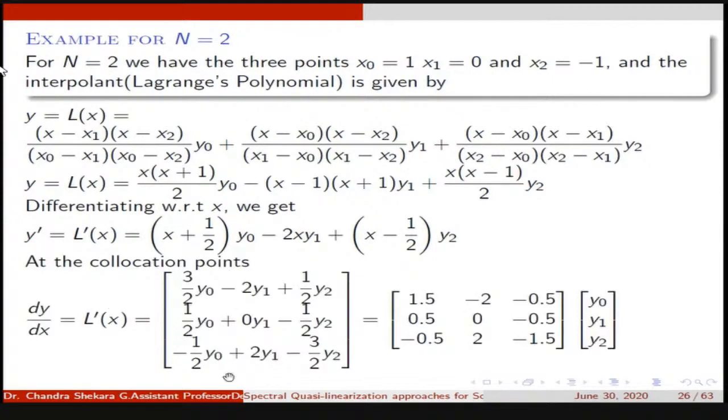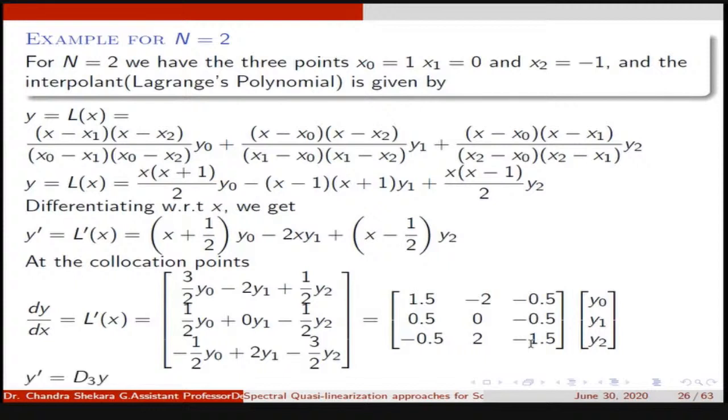There are three equations in terms of y naught, y1, y2. Writing this system of equations in matrix form, I can represent it as a 3 by 3 matrix into the vector y naught, y1, y2. Therefore, dy by dx is mapped to y naught, y1, y2 by means of this differentiation matrix.